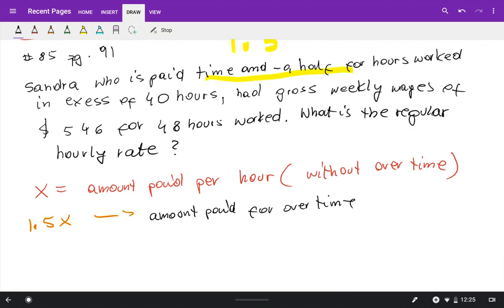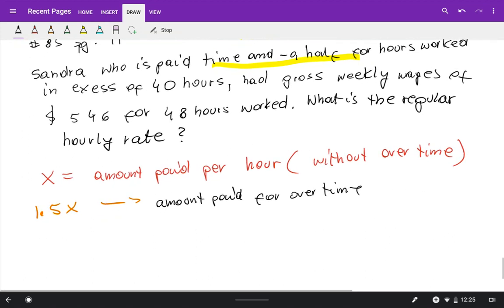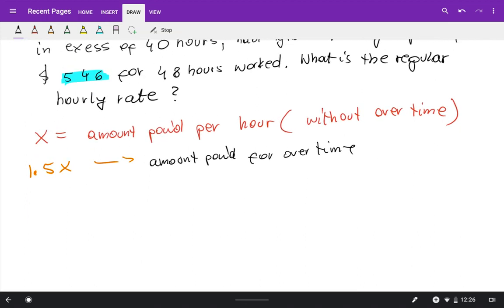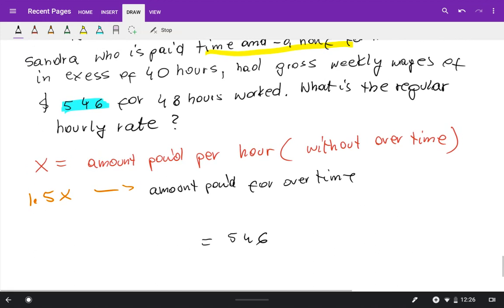Okay, so now we have to create the equation. We know that Sandra brought home 546. So her last paycheck was 546, and we know that she worked 48 hours. So we need to calculate how she made that 546.